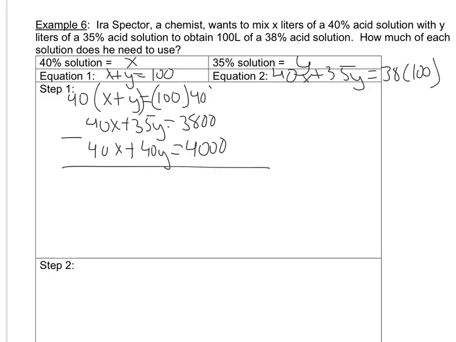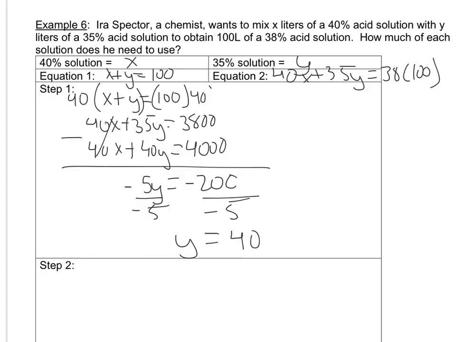Subtract. Those are gone, and you get negative 5y equals negative 200. Nope, I was right, it was 200, not 2,000. Divide by negative 5, you get y equals 40.